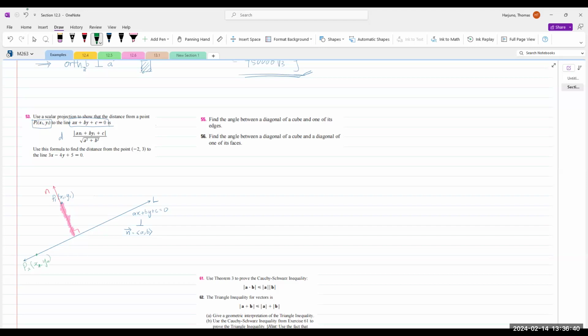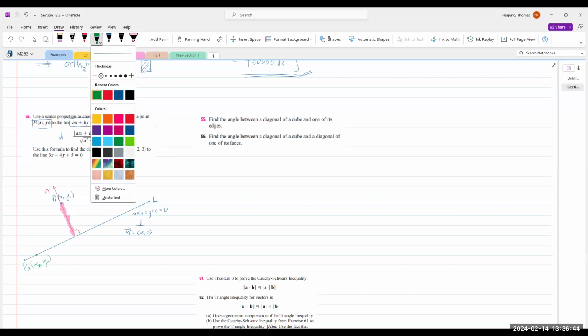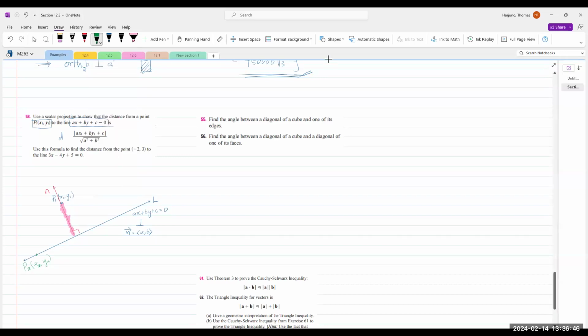And we will get this vector here. Notice that this vector from P0 to P1 is actually x1 minus x0, y1 minus y0.